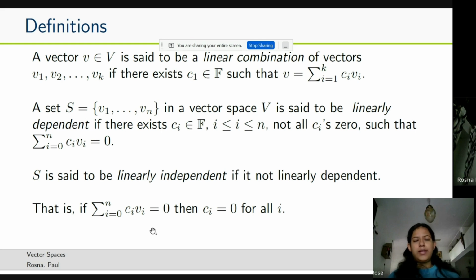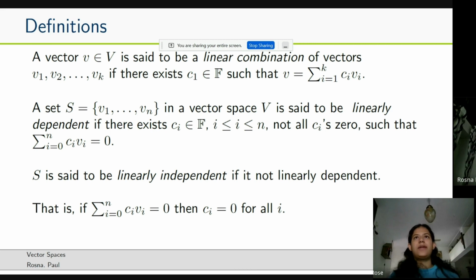So I will explain it once again. If you have a collection of vectors, and you're able to write a linear combination of this collection of vectors equal to 0, that is, if 0 can be written as the linear combination of these vectors without making all of these coefficients ci's 0, then they are linearly dependent.